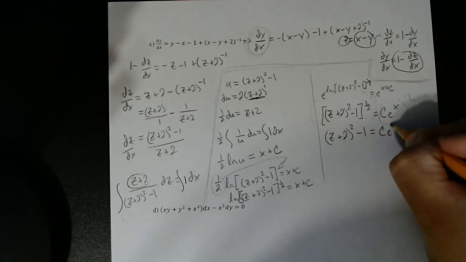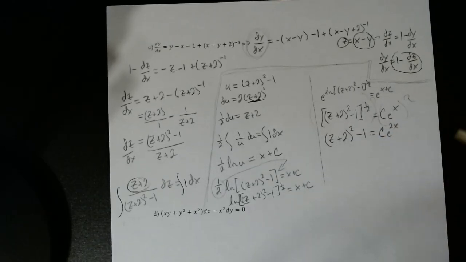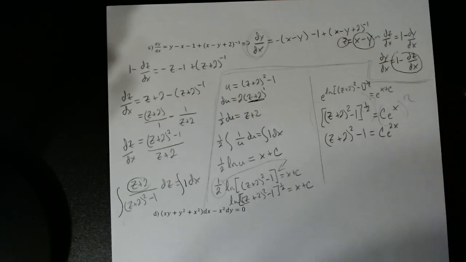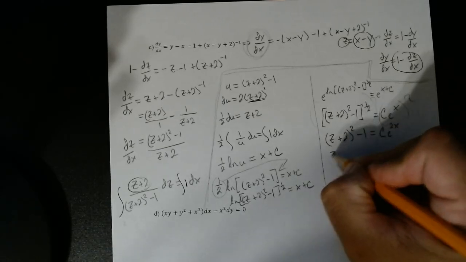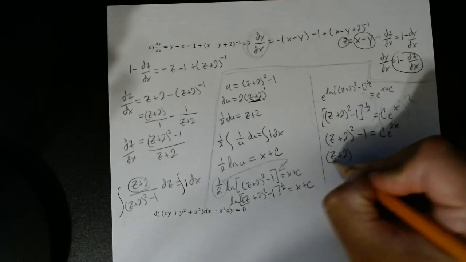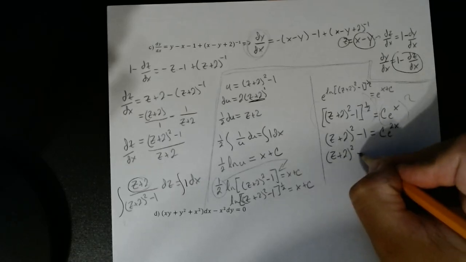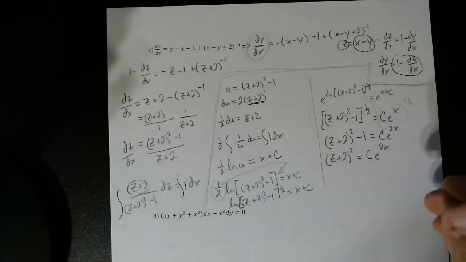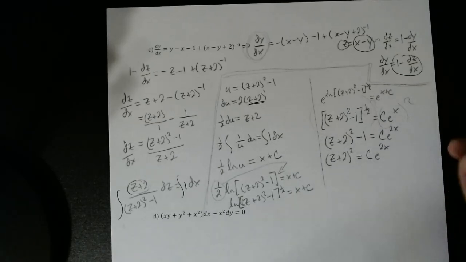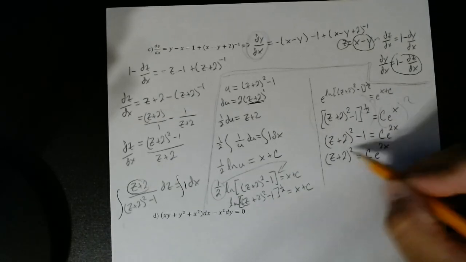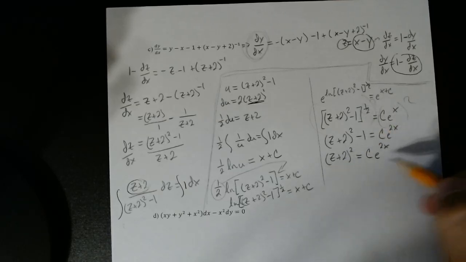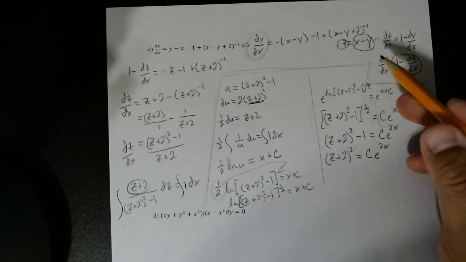And then squaring this just gives you that, right? C squared is just C. It's still just a constant. Adding 1 over. Gives us that. And I don't want to take the square root because that's going to be plus or minus. We don't want to deal with that too much.